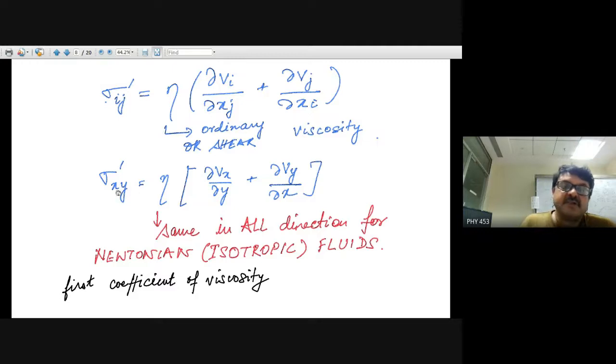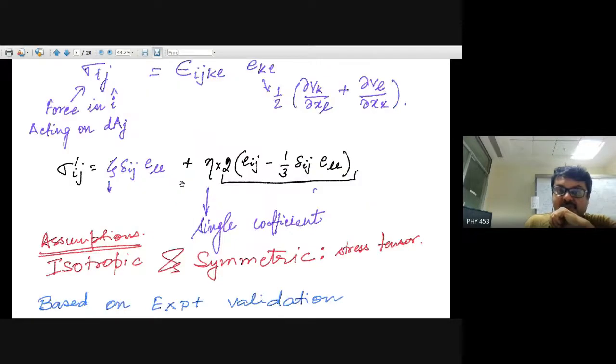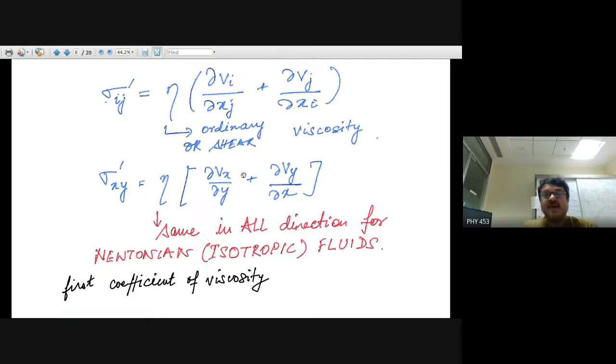Similarly, sigma dash yz will be equal to sigma dash zy, and again that can be related to del Vz del y and del Vy del z. Note there is no half factor, because the way this was written, it was written as 2 eta times Eij, which has a half factor, and that 2 and the half cancel.